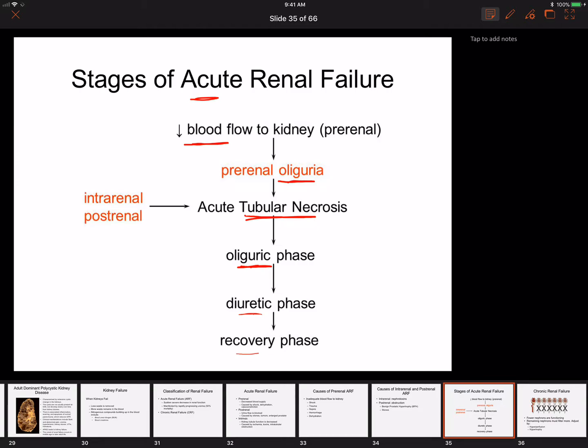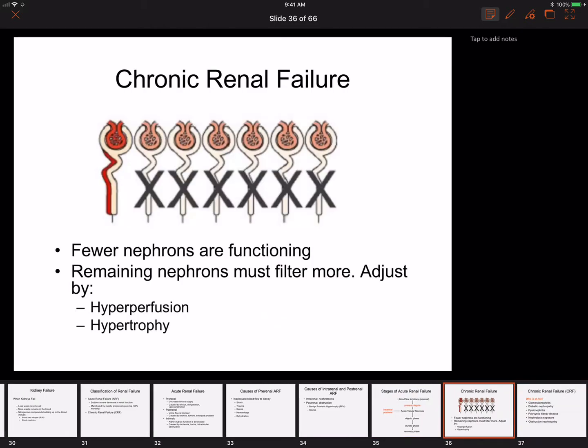The chronic is the one we worry about, because now the remaining nephrons, the ones that have not died, may have to undergo hypertrophy to meet the demands, and they work extra hard. They take on an extra shift to clear the blood, which puts them under a lot of stress.